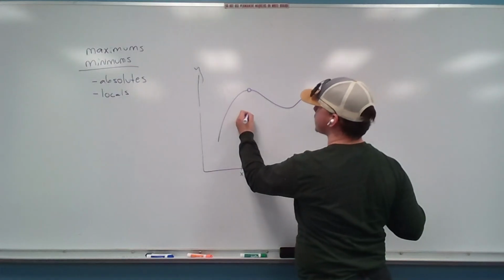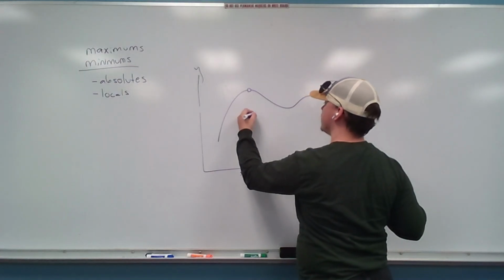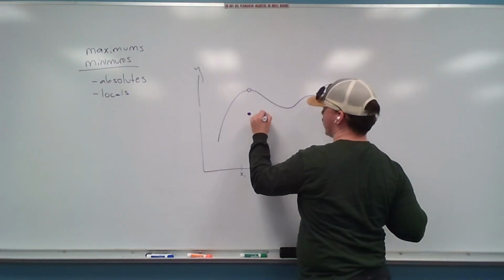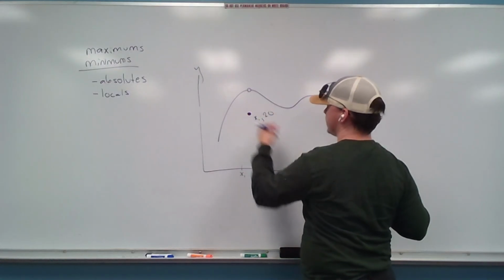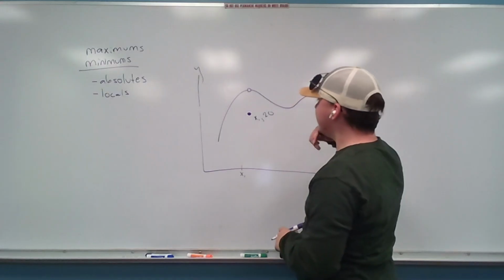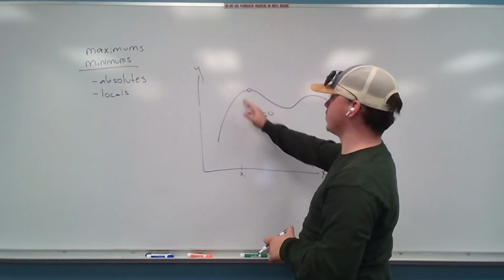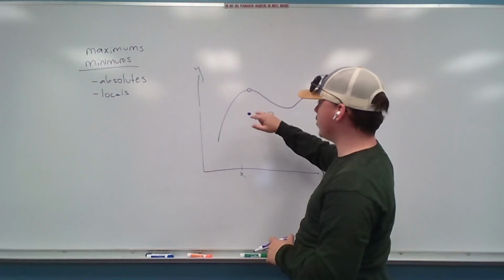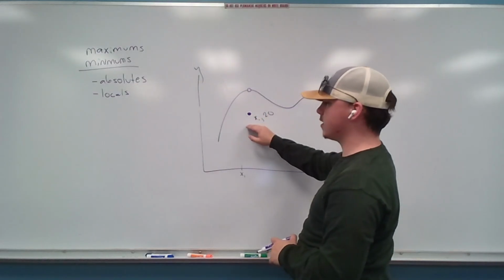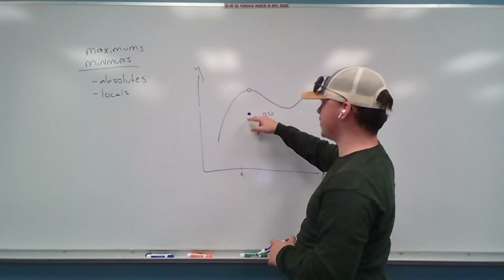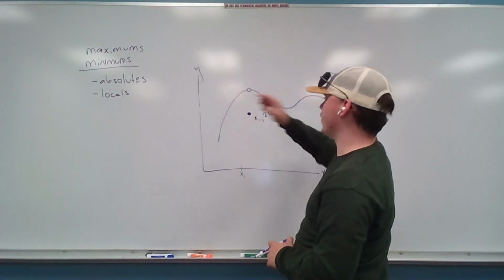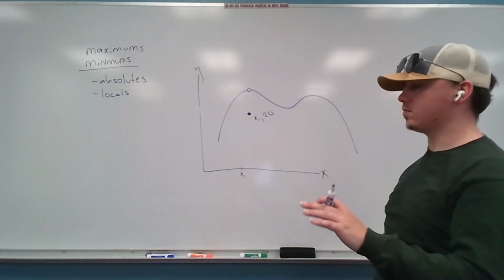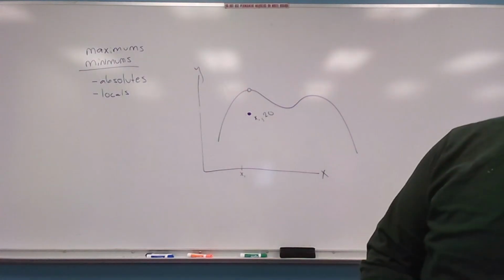But if I define the point somewhere else, like right here, so at x1 comma 20, let's say this has a y value of 20, then this is an absolute maximum because it's defined and it's got points on both sides, and it's higher than everything around it. So even though it's a hole, it is still a minimum slash maximum, depending on the case.